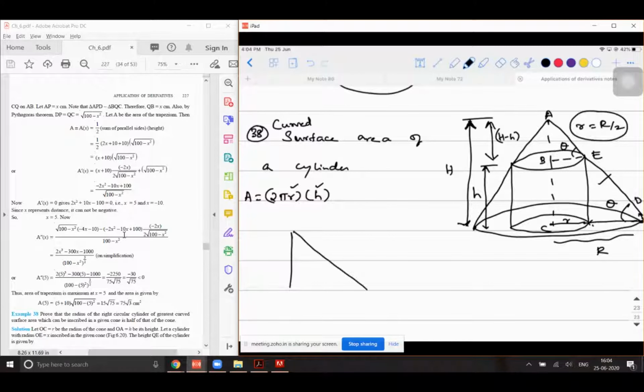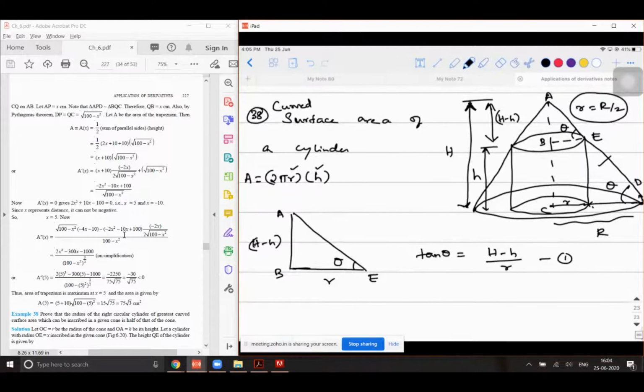If I consider the triangle ABE, this angle is theta, this height is capital H minus small h, and this is small r. So what is tan theta from this triangle? Capital H minus small h divided by small r. Can I take it as equation number 1?